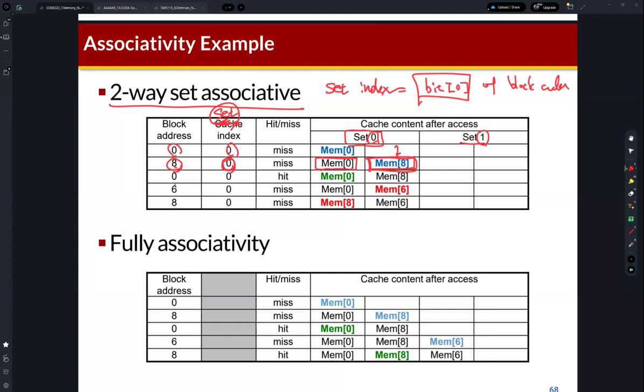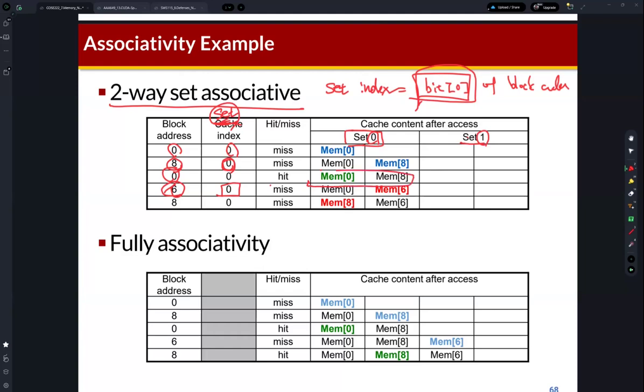Then 0: because memory block 0 exists in the cache, the result is a hit. And then 6: we use the LSB, bit number 0 of the address, as the set index, so the set index is 0. It's a miss.